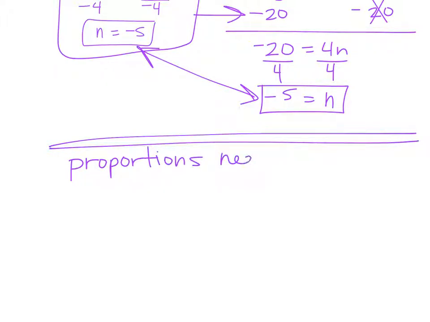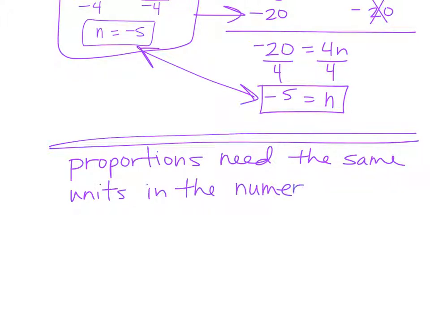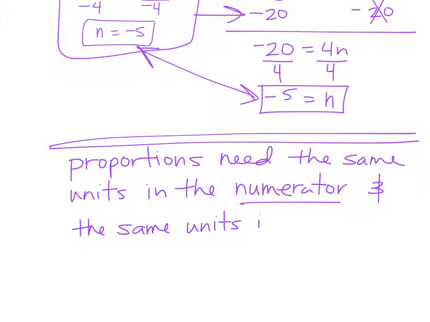Proportions need the same units in the numerator. You should be writing this, you guys. Write this down. The same units in the numerator and the same units in the denominator.